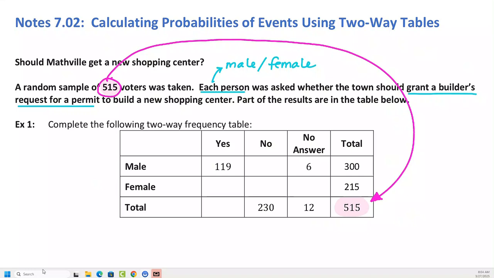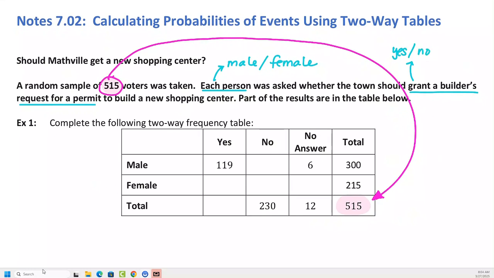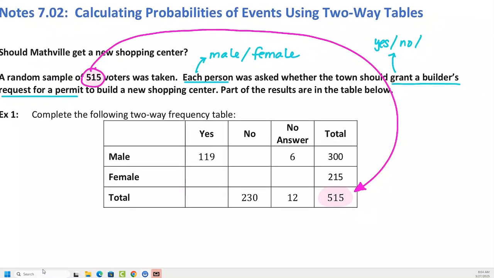You can see here the two ways. One is based on the person's gender, male, female, and the second is based on the answer. The answer can be a yes, and from the table it can be a no. You guys see that from the table?